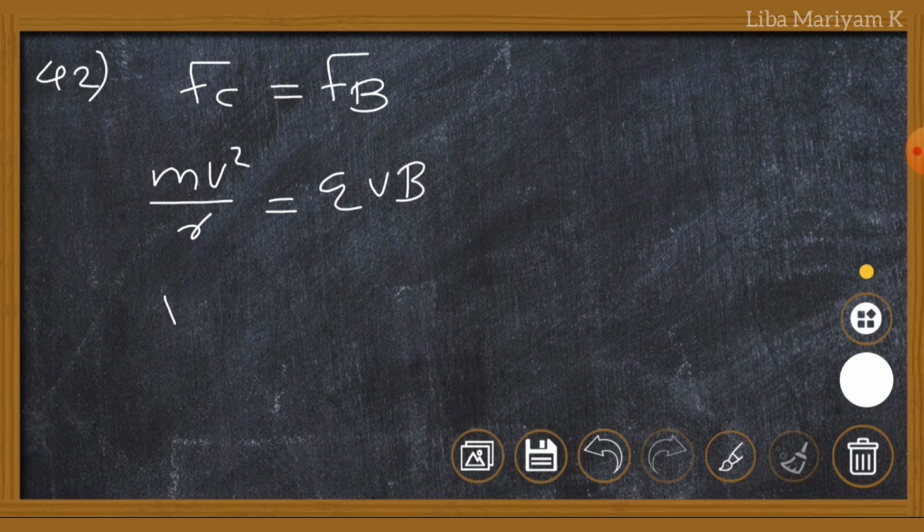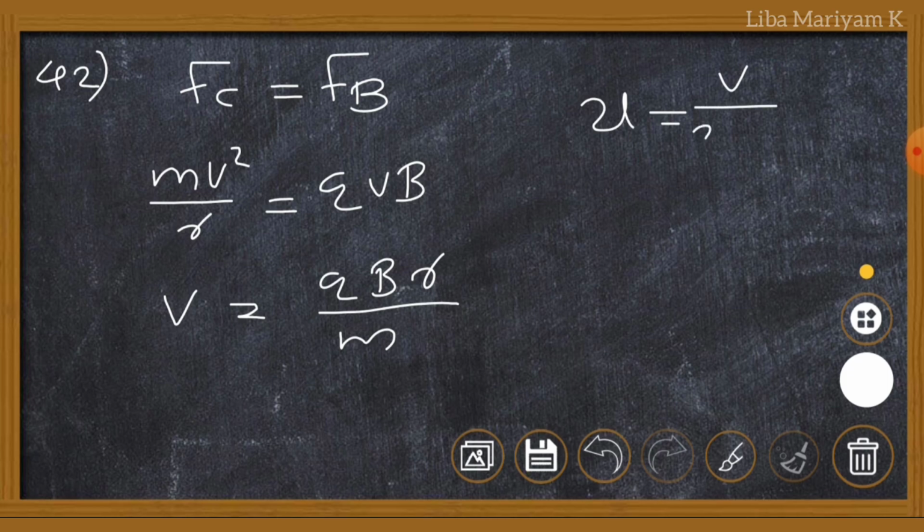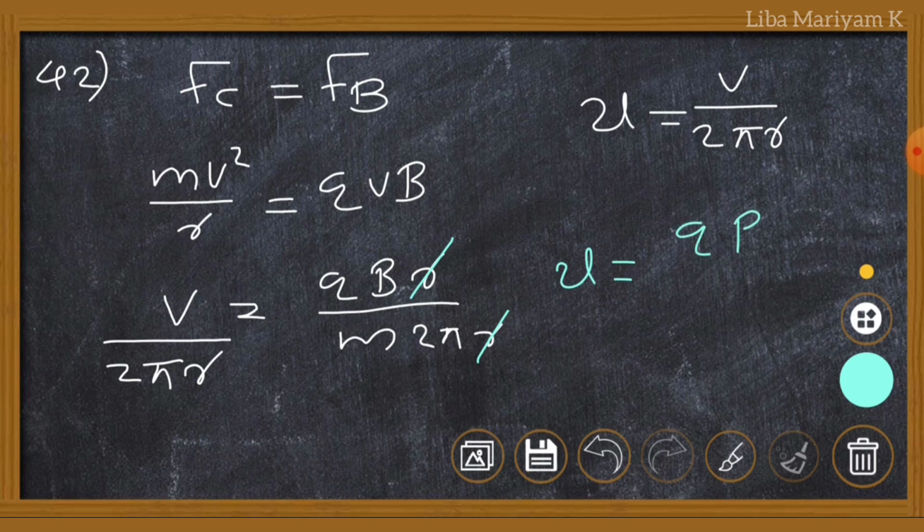From this, velocity v equal to qbr divided by m. We want to find frequency mu equal to v by 2 pi r. Therefore, divided by 2 pi r on both sides. Now we will get mu equal to qb by 2 pi m.